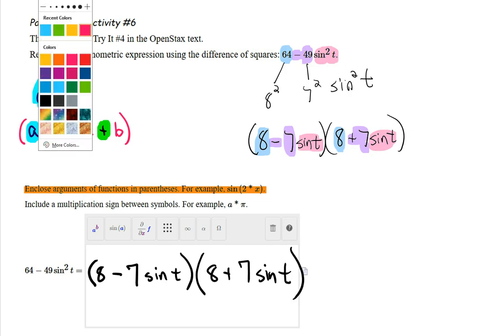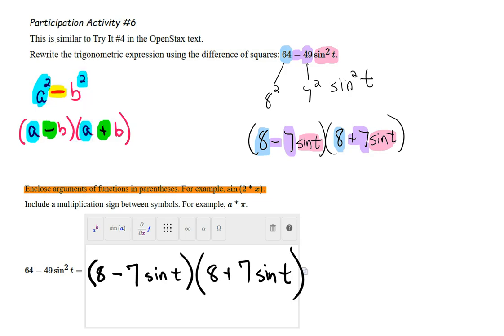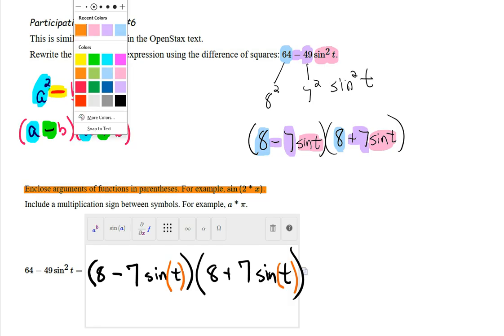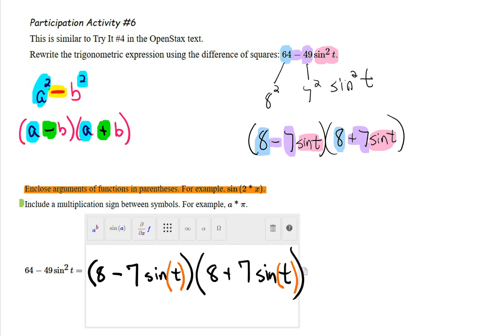So, I'll give you an orange pen. They wanted me to put parentheses around the t. That's what that said. And I'm like, okay. So I went and did that, and wrong again. Oh my. So then I go to this next one, and it says include a multiplication sign between symbols, for example, a times pi.